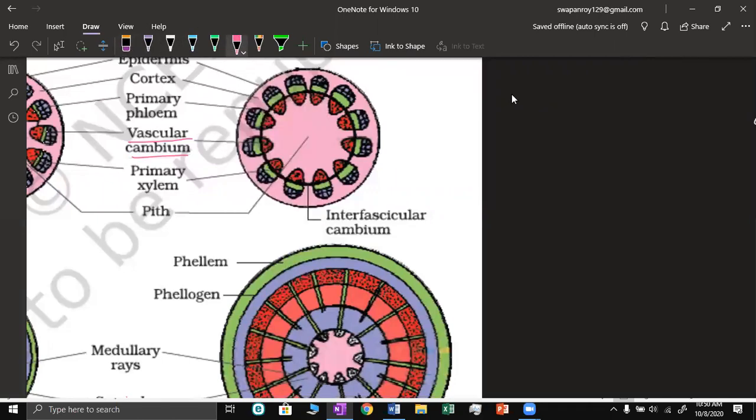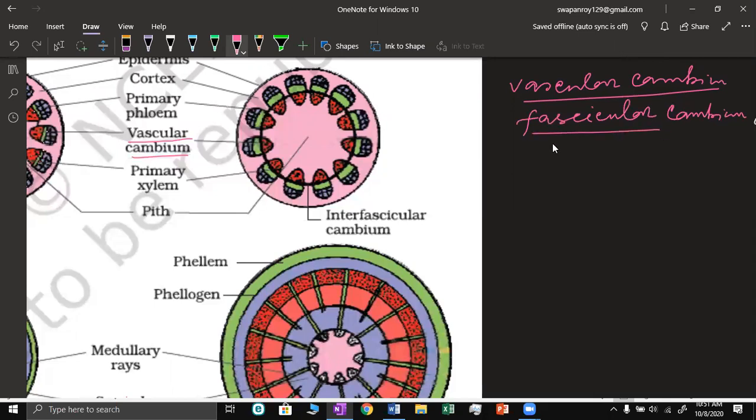The vascular cambium present within the vascular bundle is also known as fascicular cambium.